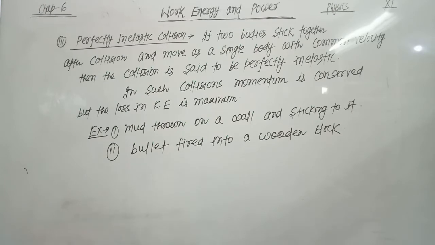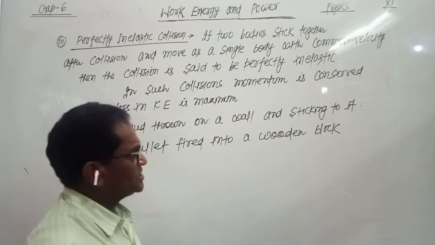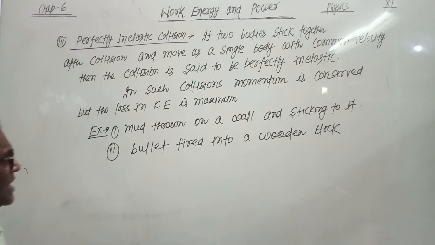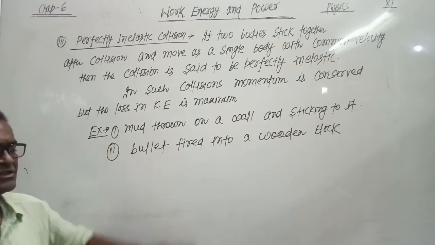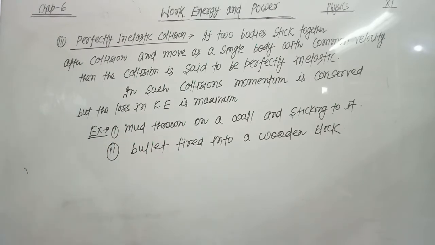In perfectly inelastic collision, momentum is conserved, but the loss in kinetic energy is maximum. An example is mud thrown on a wall and sticking to it. The second example is a bullet fired into a wooden block.